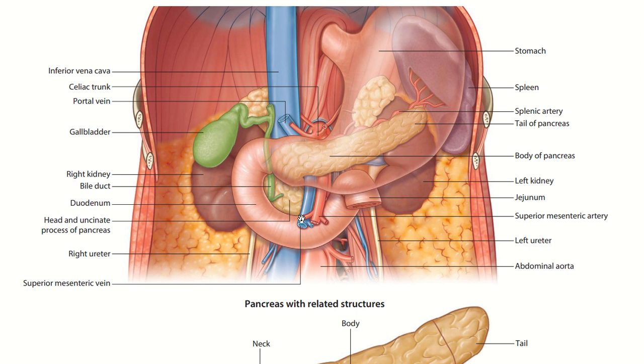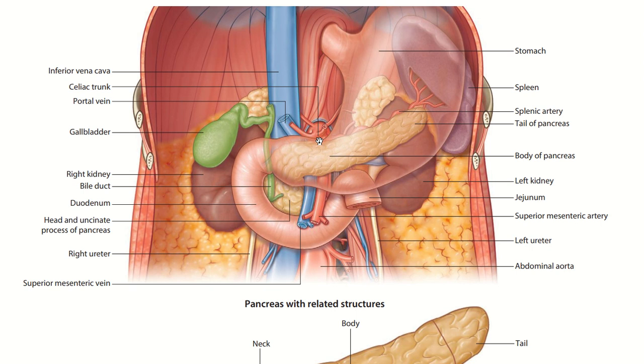What about posterior to the pancreas? So we can actually see that this is your inferior vena cava, and your pancreas is actually anterior to the inferior vena cava. It's also going to be anterior to the left renal vein, left renal artery, and right renal artery.